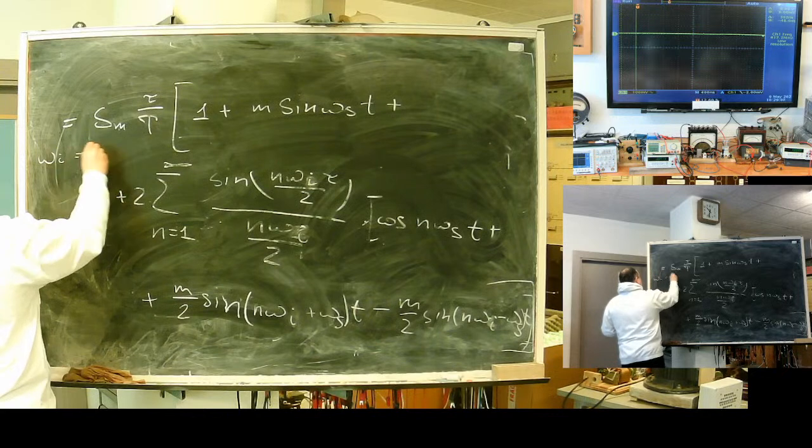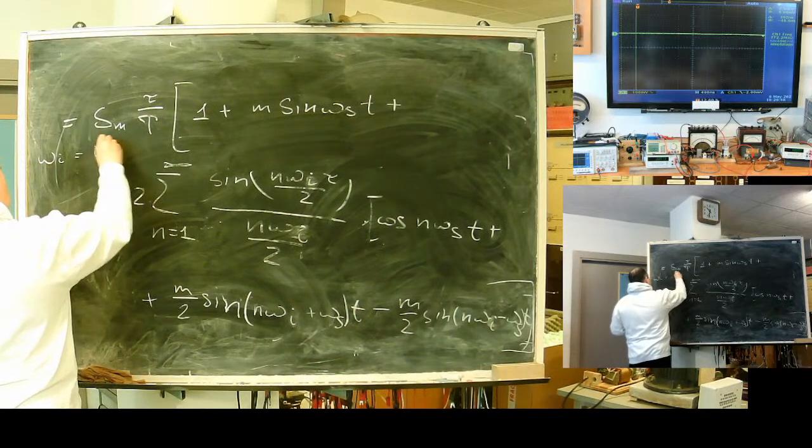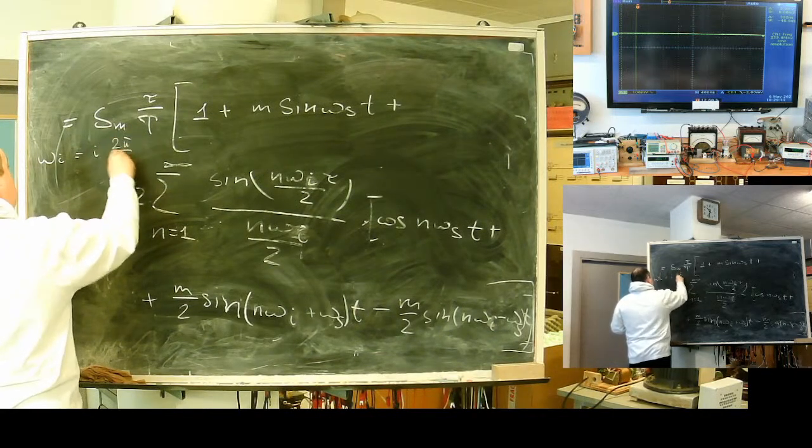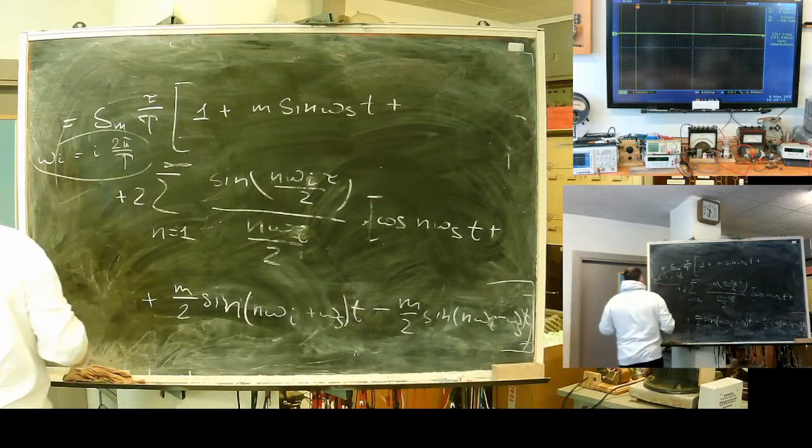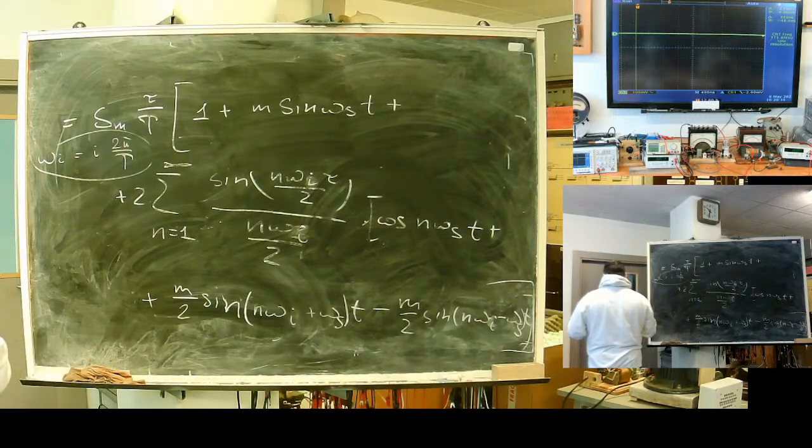Omega i is i double P divided by time. We will have a discrete spectrum, and this discrete spectrum has values only in some particular points.